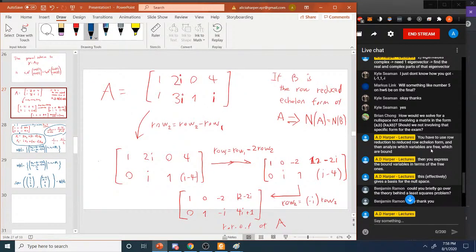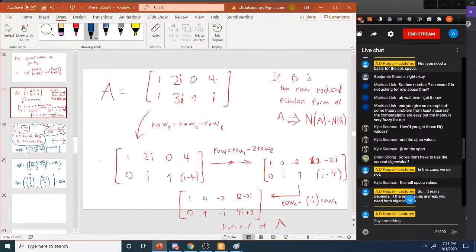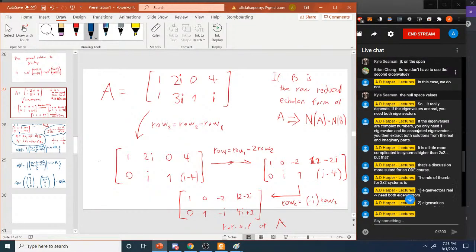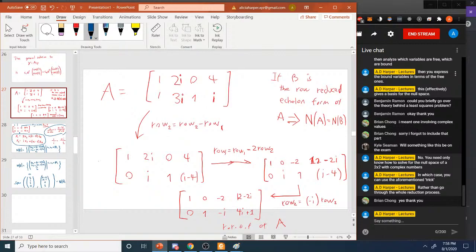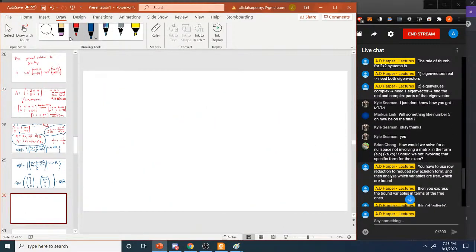So the other thing people were curious about was least squares type problems. Marcus asked about them, as did Benjamin. So let's do a least squares type problem.